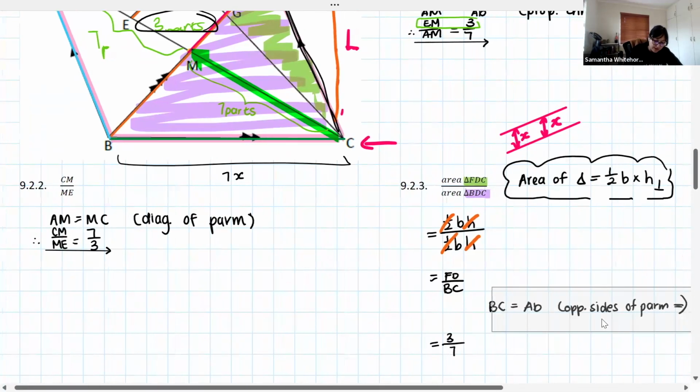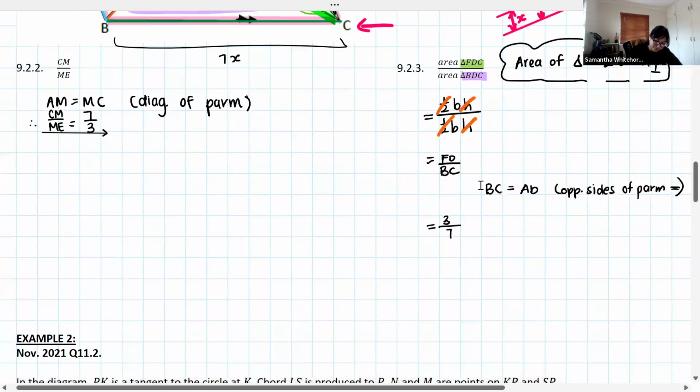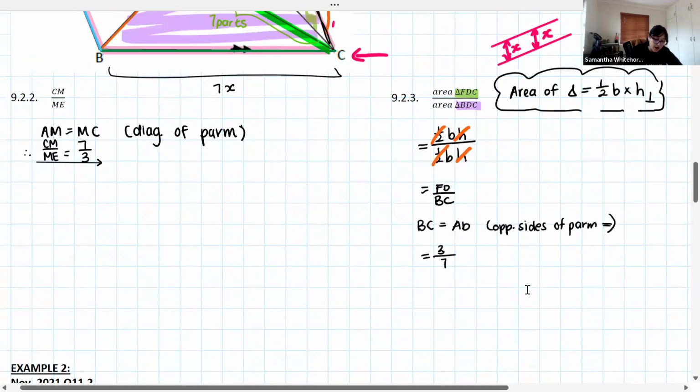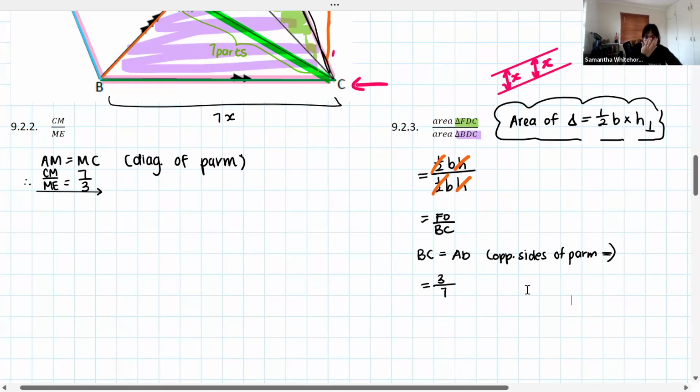So much in the same way as we had to say earlier, the diagonals of a parallelogram bisect each other, we do need to make the statement that opposite sides of a parallelogram are equal. But once we have that information, we've got all that we need to work out the ratio of the areas. And so in this case, the ratio of my areas was 3:7.